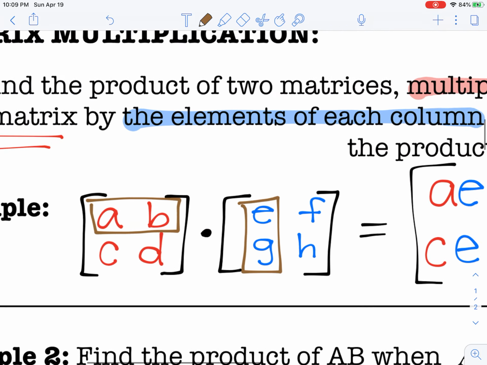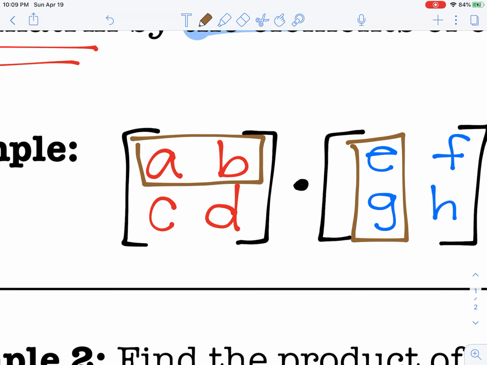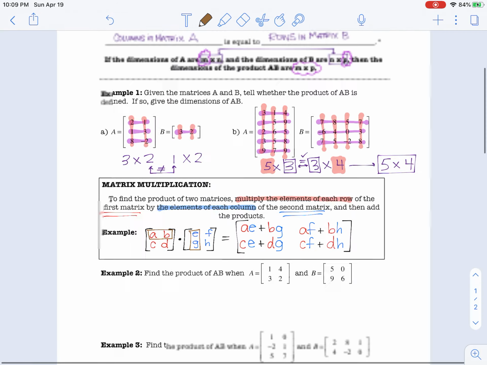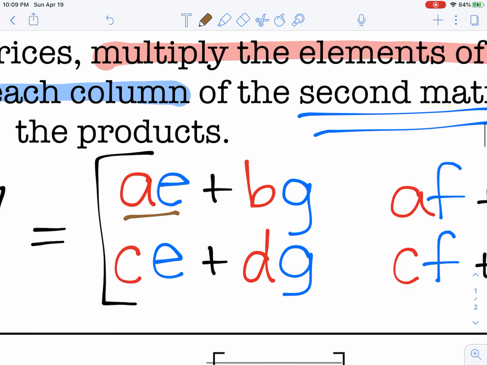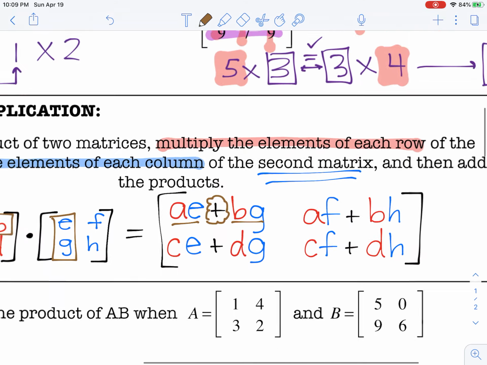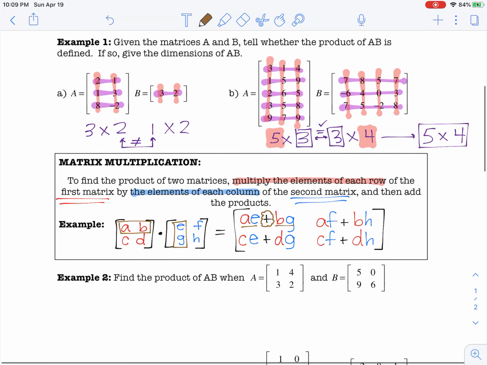The first element of the row gets multiplied to the first element of the column, and then you move your way through it until your row and column is complete. Then you take those products and add them together, and you repeat that process until you have your entire resulting matrix.